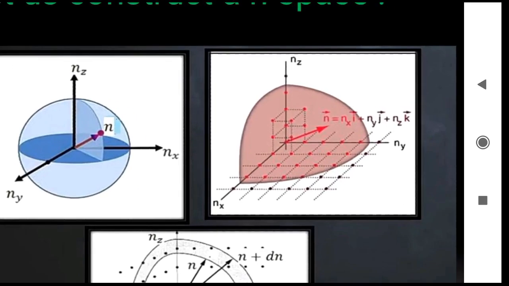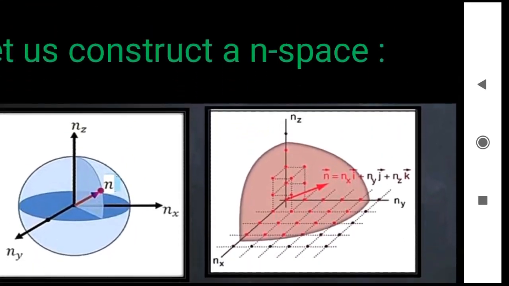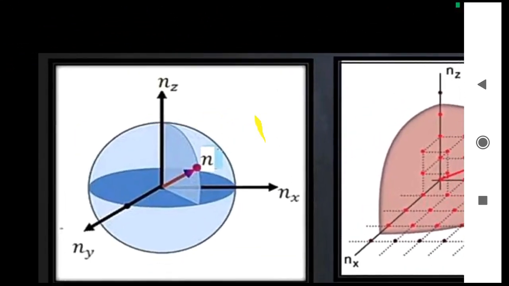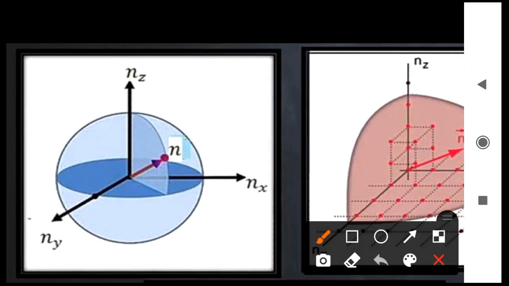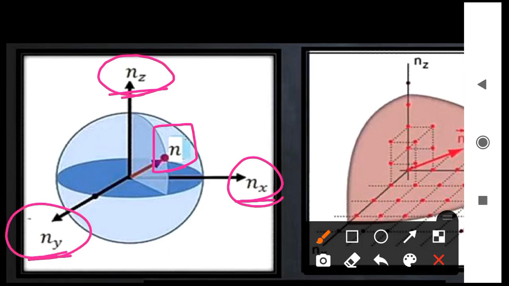Now let's construct an n space. When I join my nx, ny and nz, then I get a sphere. Here n represents the space which is the sum of squares of nx, ny and nz.